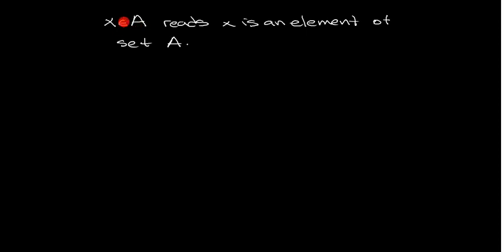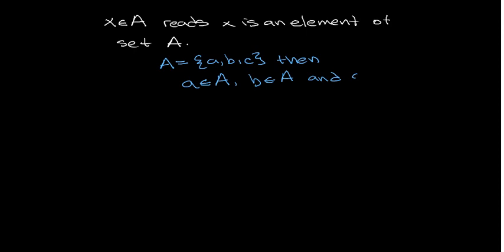So this little symbol here represents that x is an element of A. Let's say, for example, that we have the set A, which is the letters A, B, and C. Then we can say that A is an element of set A, B is an element of set A, and C is an element of set A.